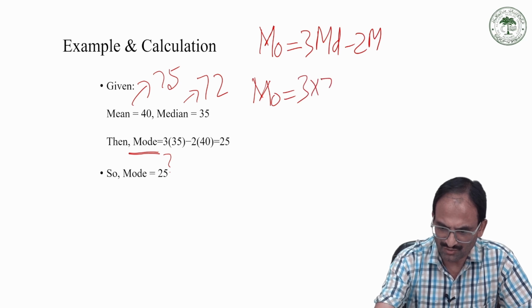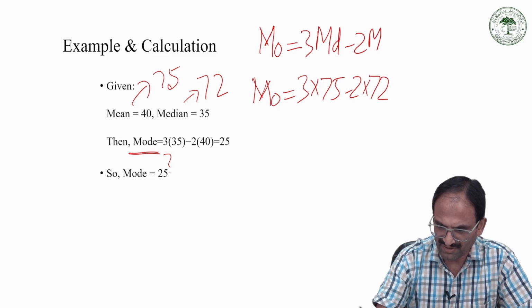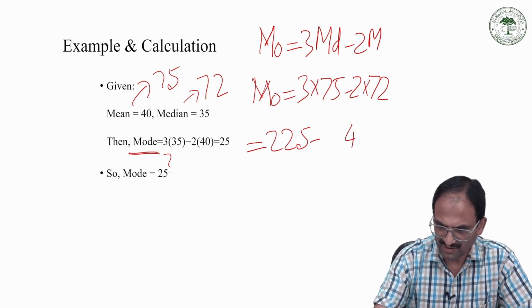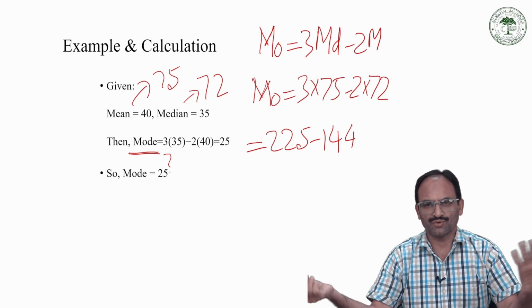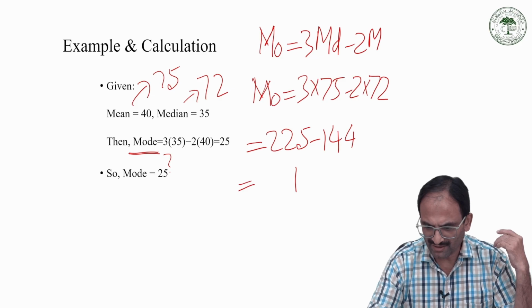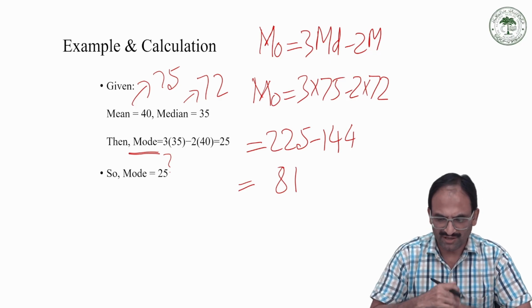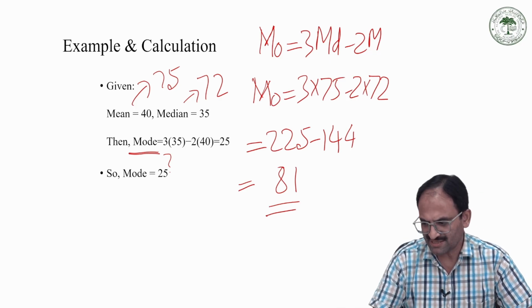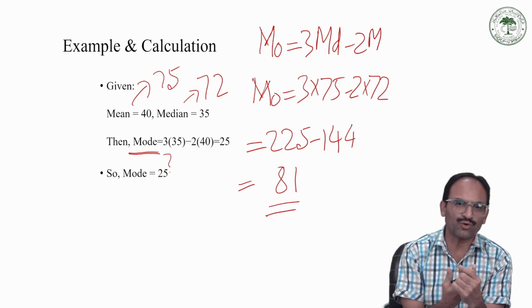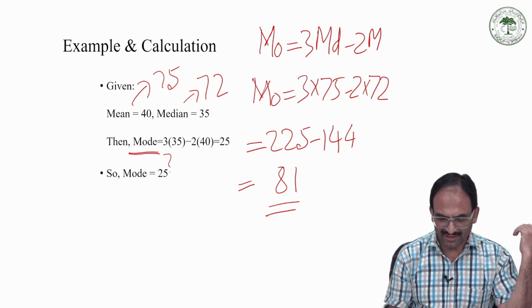So 3 into 75 minus 2 into 72. Simplify it. So it will be 225. It will be 144. So subtract and get the answer. So it is 1, it is 8. So by crude approximation, we have got mode as 81. So basically, this is a very good formula or a very good approximation through which, by knowing just mean and median, you can easily calculate mode.